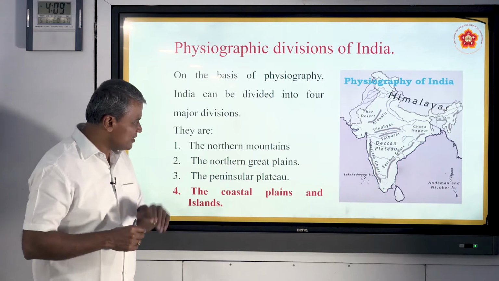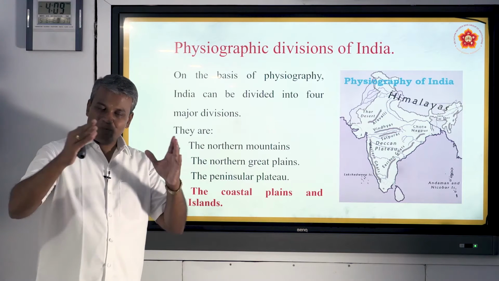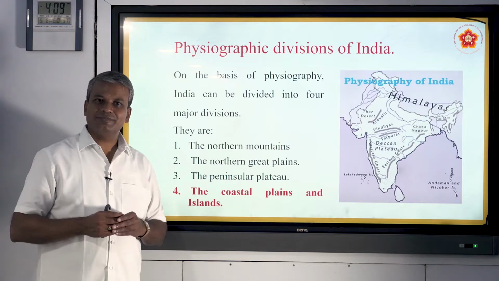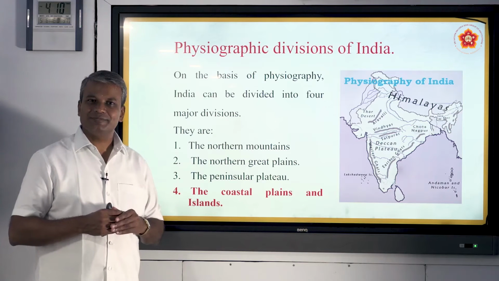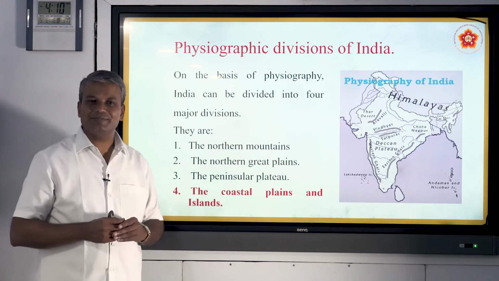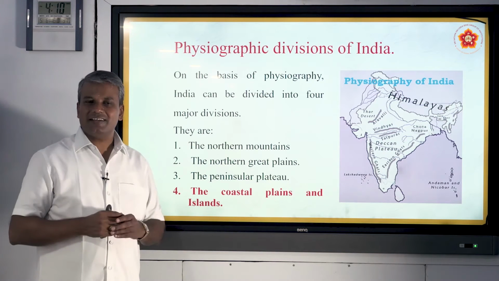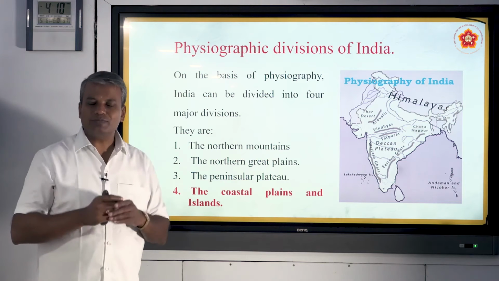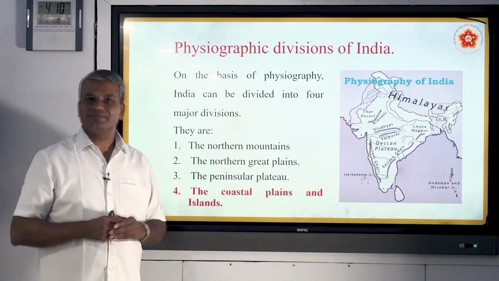And also we discussed the peninsular plateau. The peninsular plateau, that is Vindhya Satpura range, Eastern Ghats, Western Ghats, and different Deccan Plateau, and some of the rivers.